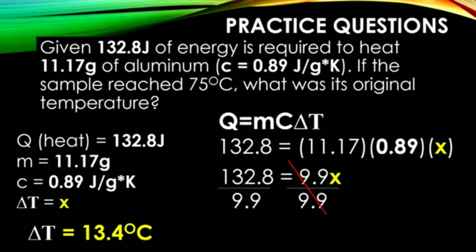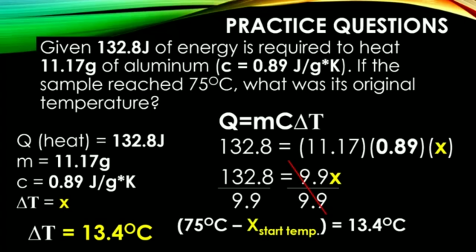We are looking for the original temperature. So we'll have to use this value in conjunction with the final temperature to find the original temperature. When we solve this algebraic equation, we will be left with our original starting temperature, that the aluminum was at before it was heated.